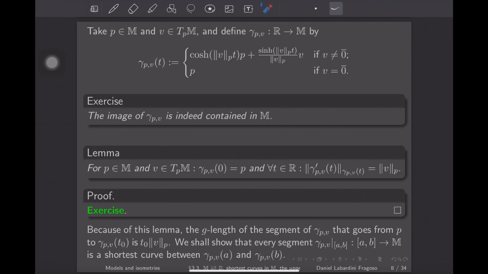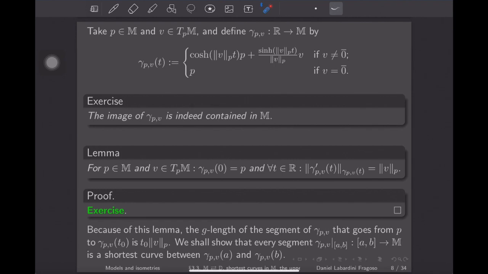And actually, these are my first candidates. So take any point in the hyperboloid and any tangent vector, right? And I think of this tangent vector as giving me an initial condition. I want to find a curve that passes through my point at time 0 with that velocity, with that speed.